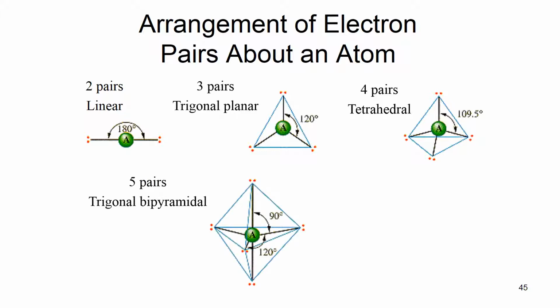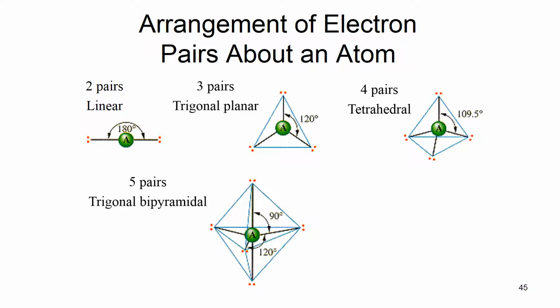Five pairs give a trigonal bipyramidal, and this one is the unique one because there are actually two bond angles. The three form a triangle around the center, very similar to trigonal planar, so a trigonal planar center. And then there's one going up and one coming down. The bond angle between the center and the top or bottom is 90 degrees, and then the angle between the center atoms is 120 degrees.